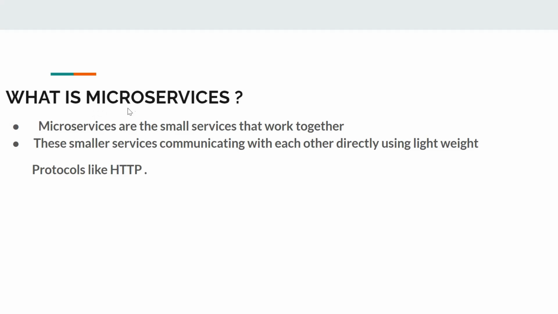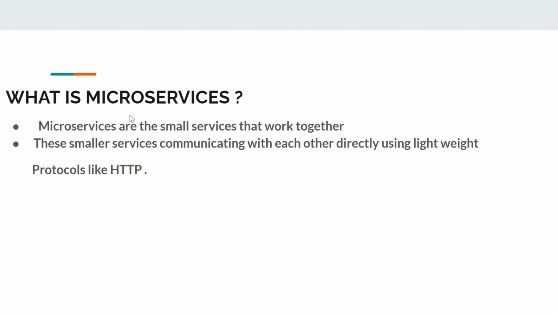Micro means small, very small. Monolithic means one application, a single codebase with many services. Microservices divide it into many services, like login services, and so on.